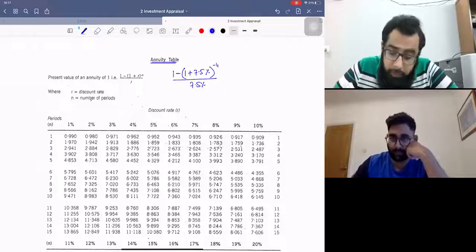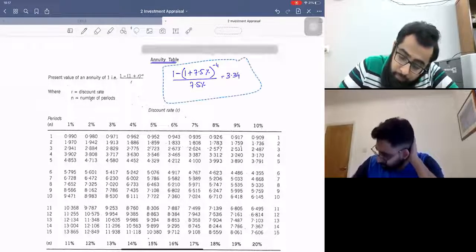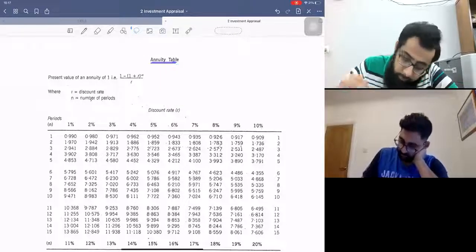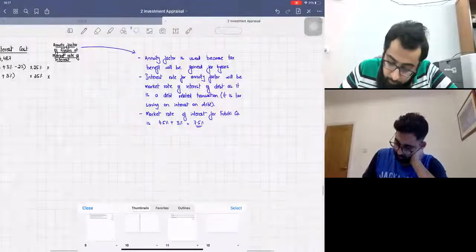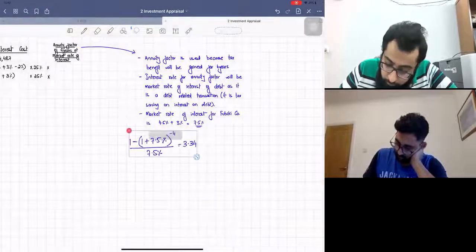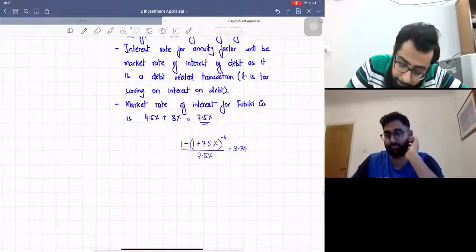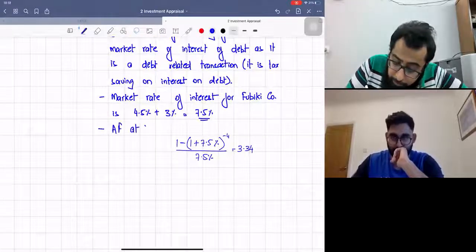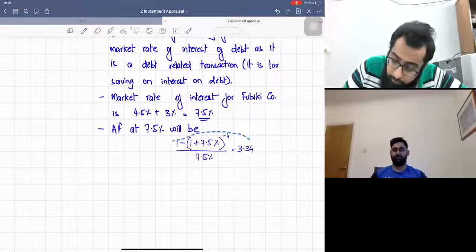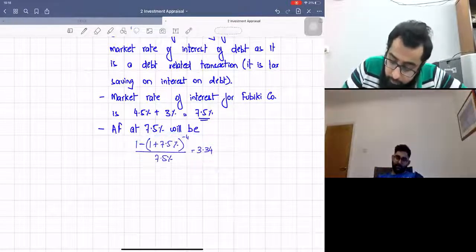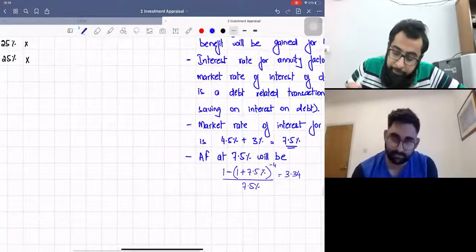So the annuity factor at 7.5% will be 3.34.